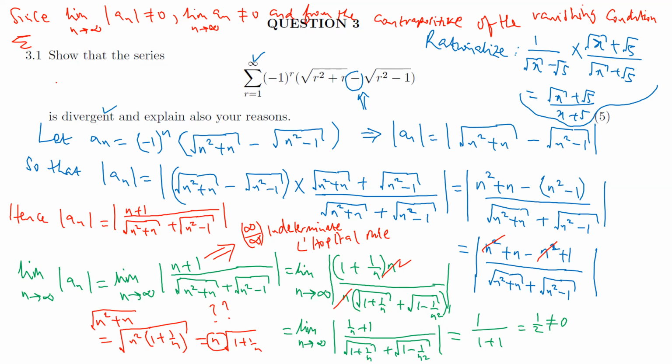But I'm writing the conclusion at the top in red, and I'm saying since the limit of the absolute value is not 0, the limit of an is not 0, and from the contrapositive of the vanishing condition, this series of -1 to the power n, from n equals 1 to infinity, this series is divergent.